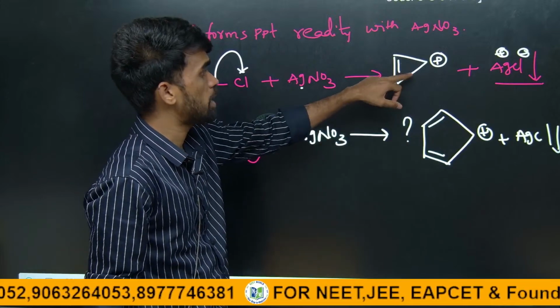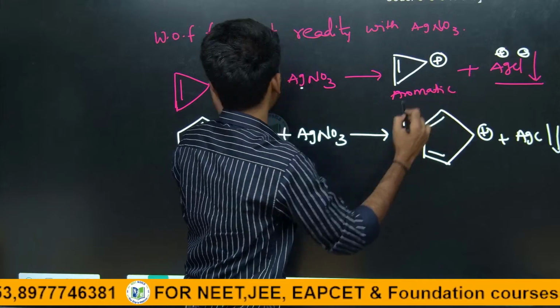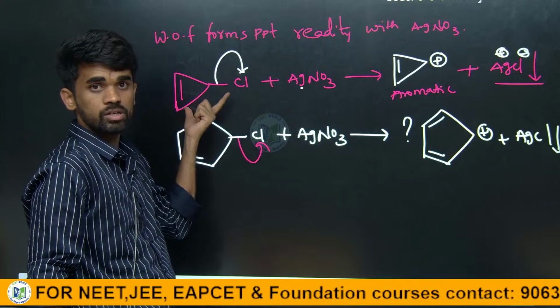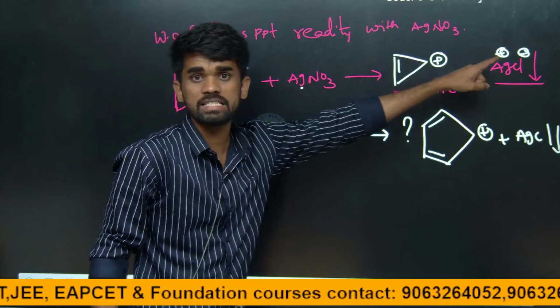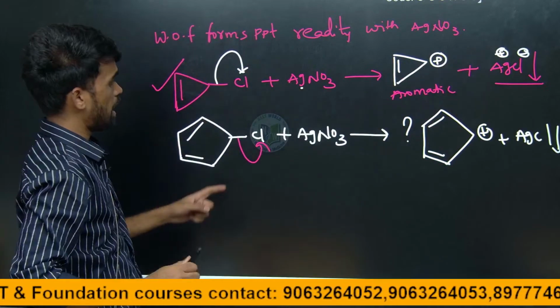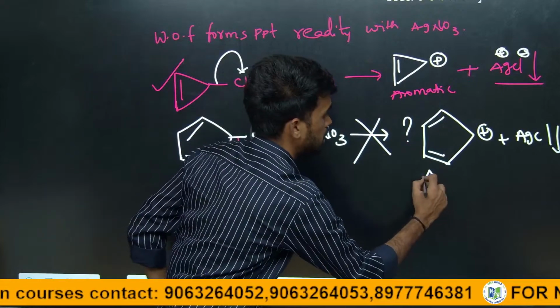This is an aromatic ring, which can form from this, because this aromatic ring is more stable than the other compound. Therefore the reaction favors forward, and AgCl precipitate formation readily takes place in reaction 1. There is no precipitate in reaction 2 because this is anti-aromatic.